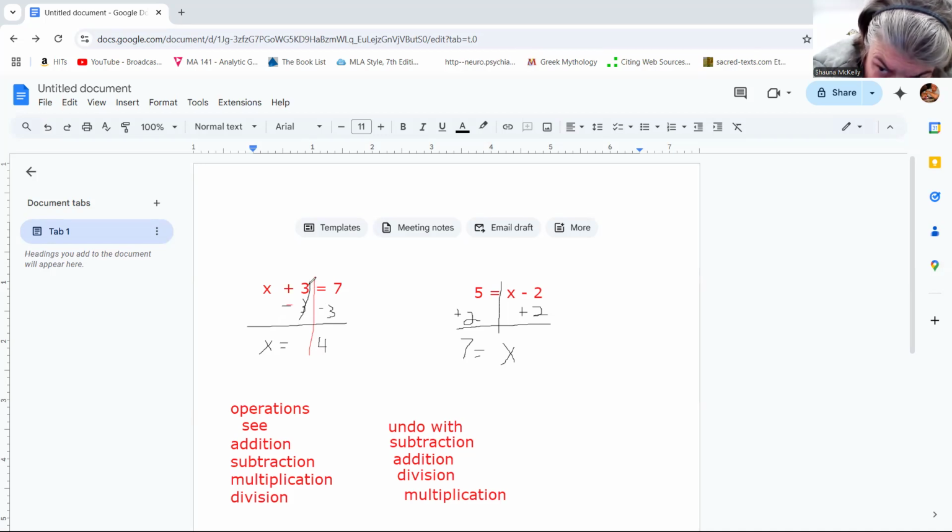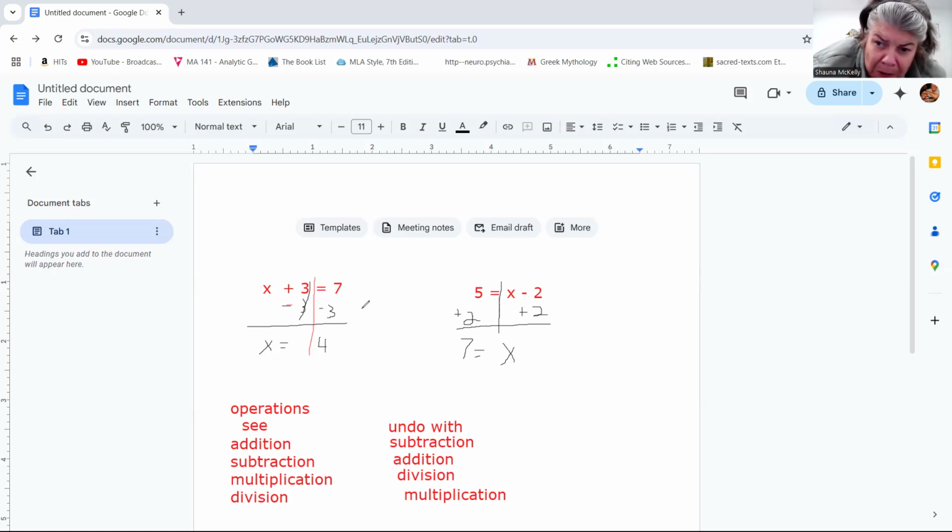On the left, the positive 3 and the minus 3 cancel out. They go to 0. And I get x is equal to 4, since 7 minus 3 is 4. I know this is the correct solution because 4 plus 3 equals 7.